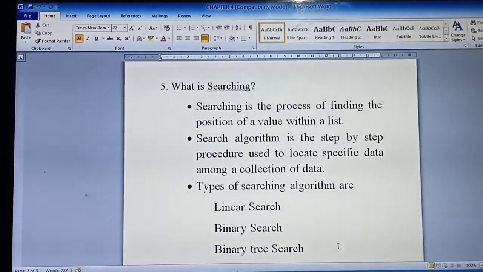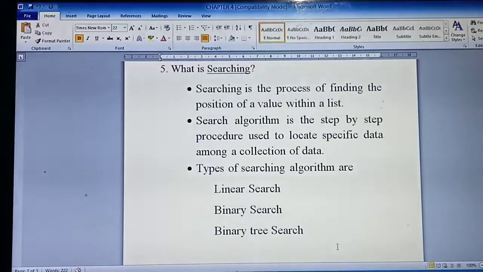What is searching? Very, very important question. What is searching? So what is searching? Searching is the process of finding the position of a value within a list. Search algorithm is a step-by-step procedure used to locate specific data among a collection of data.